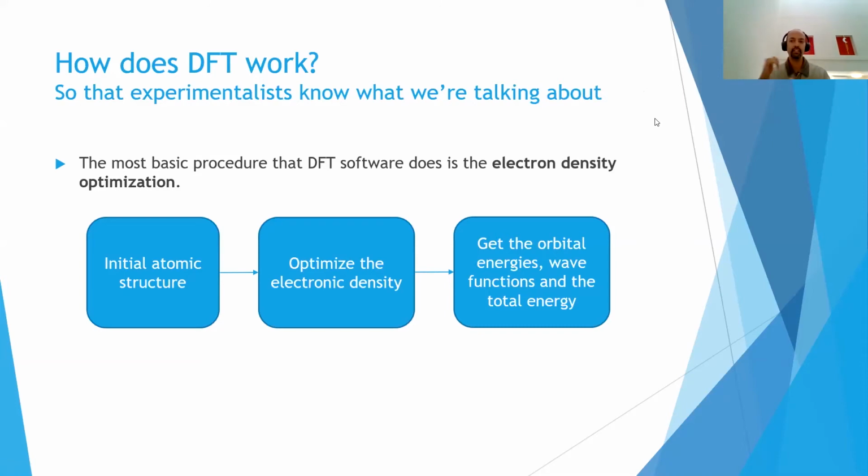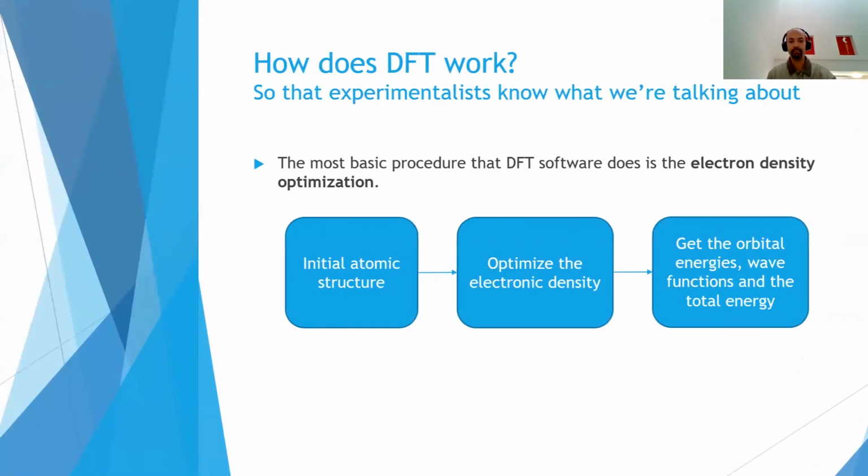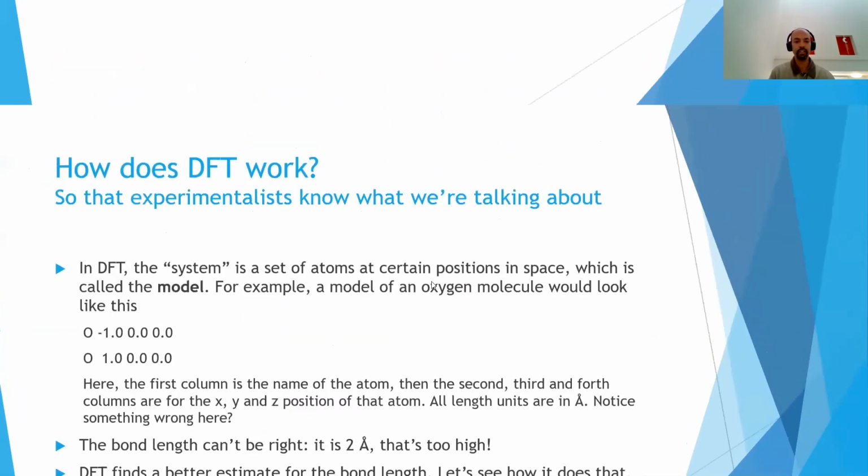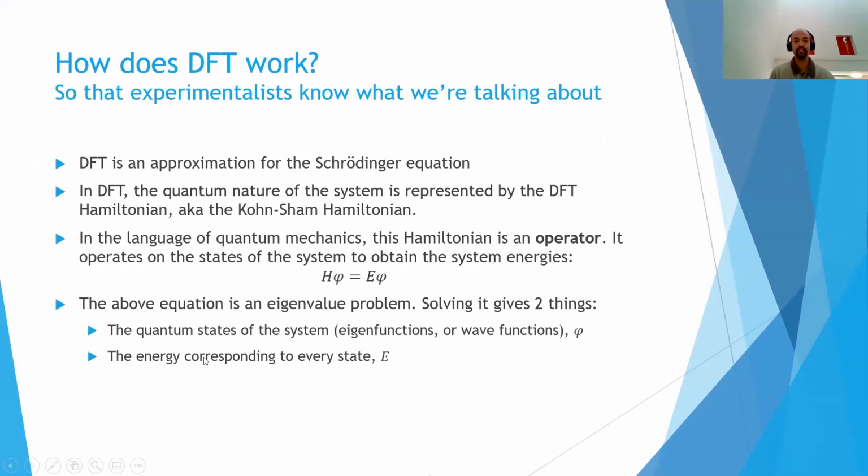DFT, as I said earlier, is a theory that is focusing on the electron density of your system. It mainly tries to find out what that electron density is, and from the electron density, it will give you those 2 things I mentioned in the previous slide: quantum states and the energy corresponding to every quantum state.